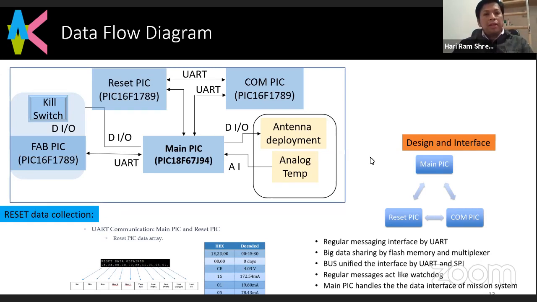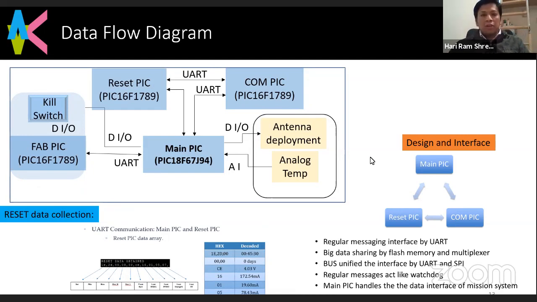The FAB PIC gives the main PIC all the data every 90 seconds: battery voltage, temperature sensor, battery current data, everything, housekeeping data goes from the FAB PIC to the main PIC. The reset PIC is controlled by the main PIC, as well as the communication PIC.